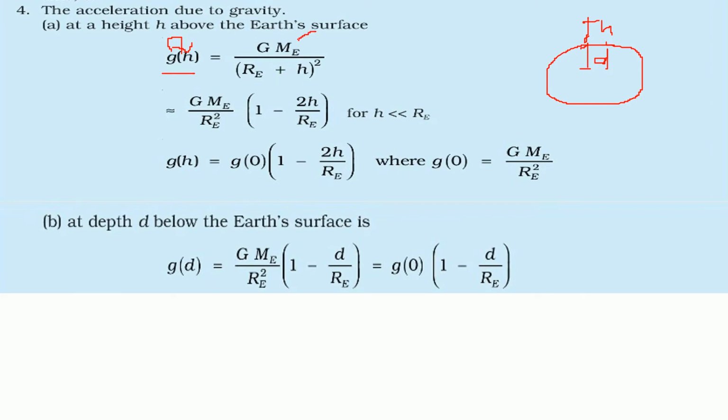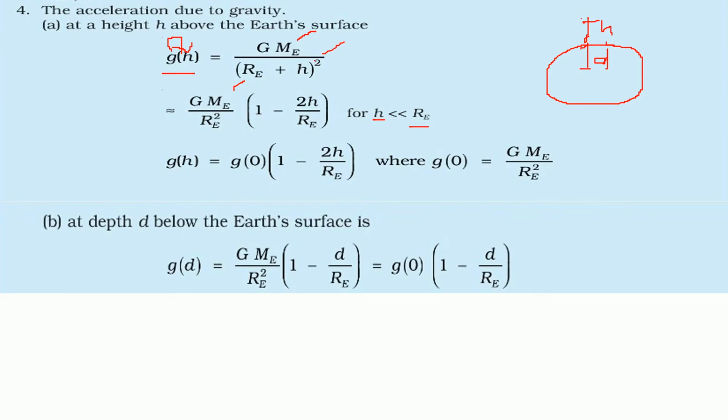Me is the mass of the earth, Re is the radius of the earth, and h is this height. We can ignore h if Re, the radius of the earth, which is approximately 6400 km, is very large.